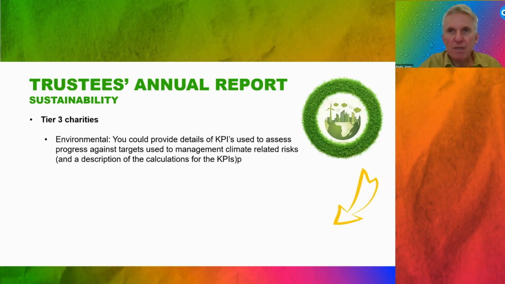And if you're in that tier 2 space, I've certainly seen what would now qualify as tier 2 charities voluntarily including their streamlined energy carbon reporting data. So again, that might be something that charities look at doing to demonstrate this.